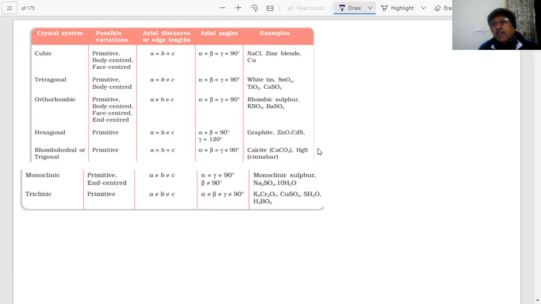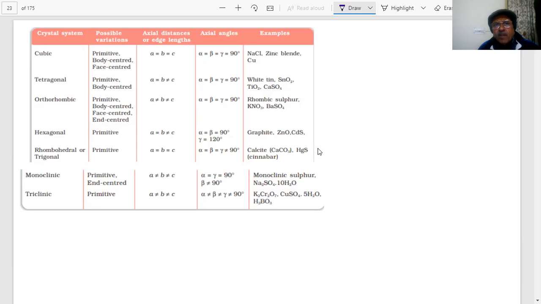Now, out of the seven which we have shown you, which one they will show is important, because they can be BCC, FCC, or primitive, but not every compound or element can show every type. You see all these: FCC or simple cubic.